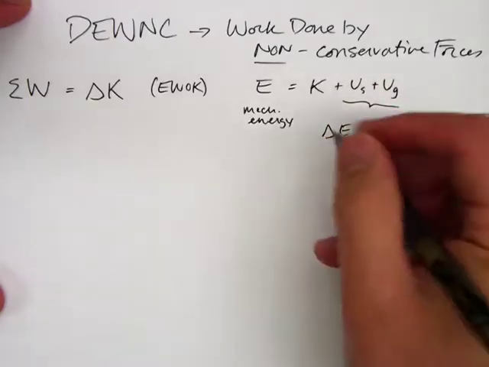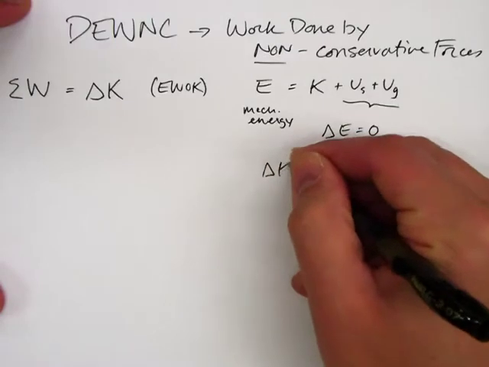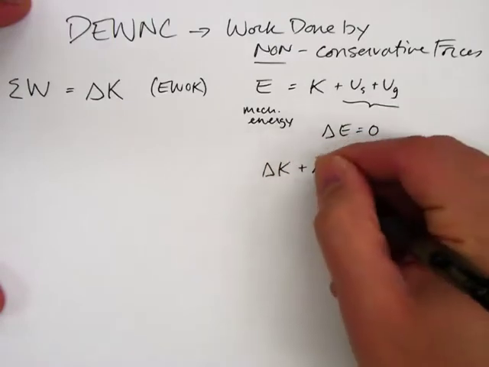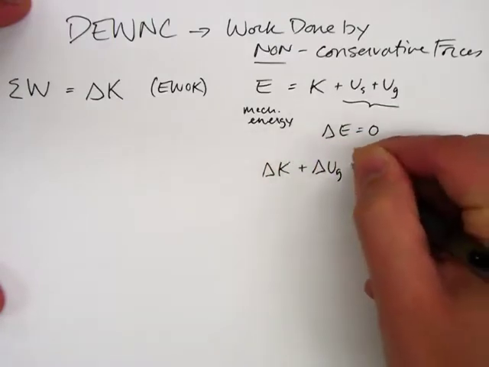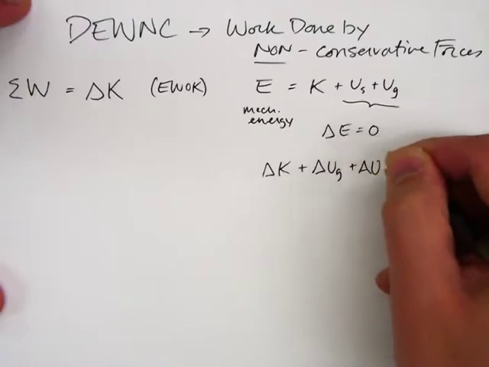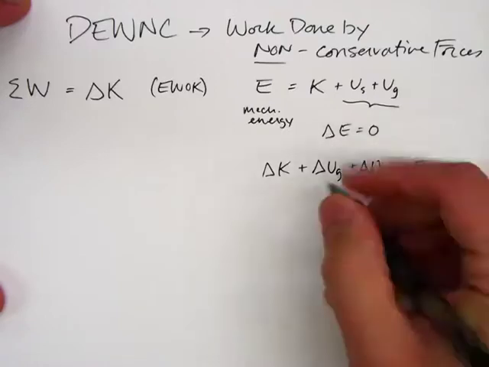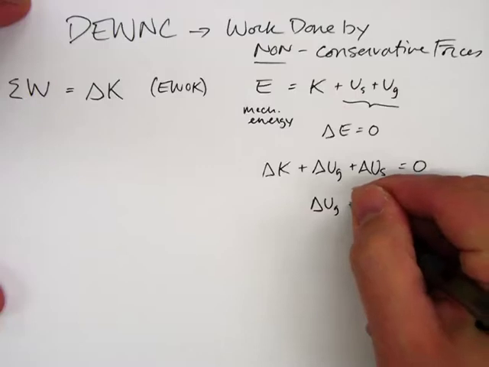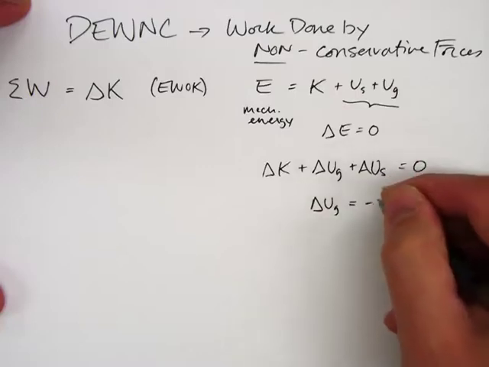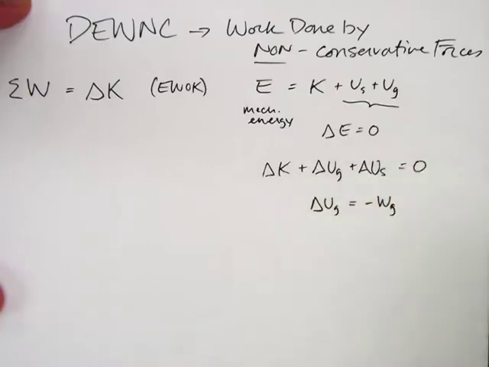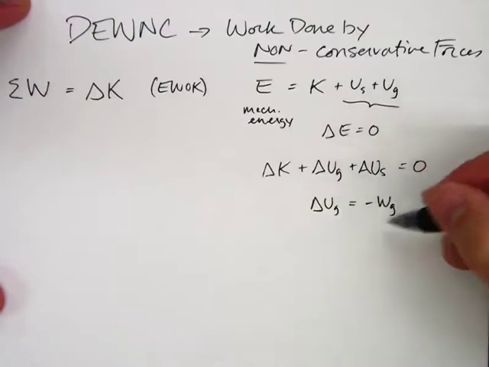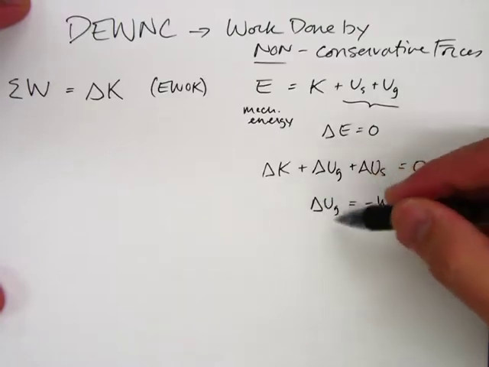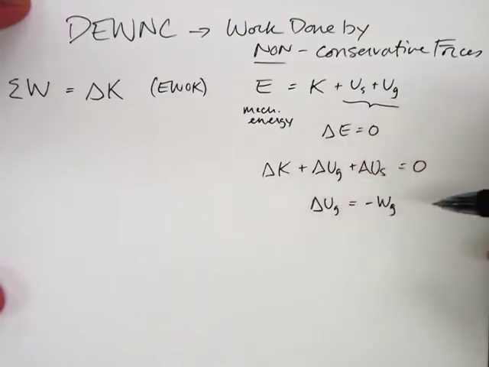Well, delta E is a sum of the change in kinetic plus the change in gravitational potential plus the change in spring energy. And we also saw that this change in the gravitational potential was inversely related to the work done by gravity. So as gravity did negative work on an object, it corresponded to a gain, an increase in gravitational potential energy.